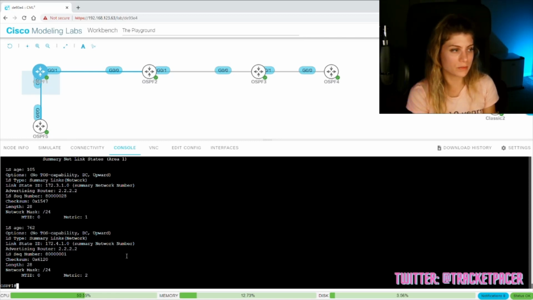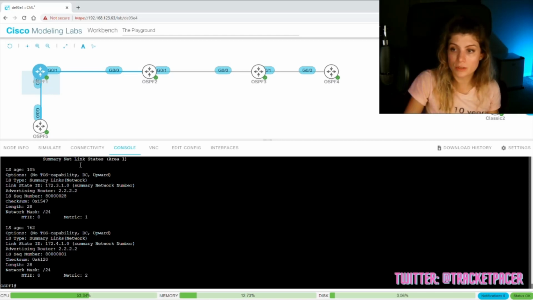So when an ABR receives a type 1 LSA, it creates a type 3 LSA referencing the network in the original type 1 LSA. The type 2 LSA is just used to determine the network mask of the multi-access network. The ABR then advertises the type 3 LSA into other areas. Okay, so we receive a type 1 LSA on OSPF 2, because that's technically our ABR. We receive it from OSPF 1 or OSPF 5.